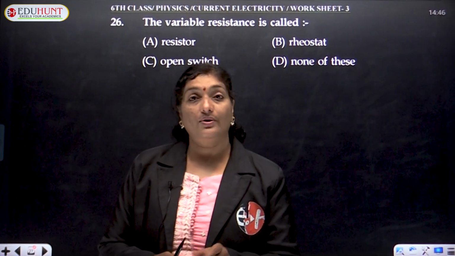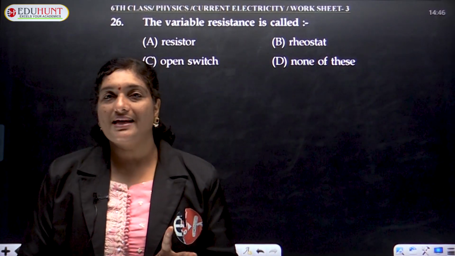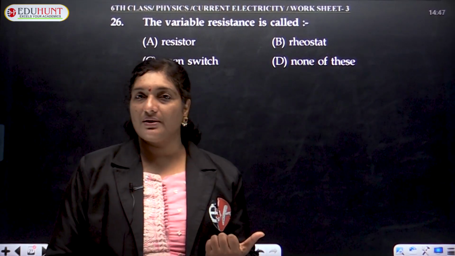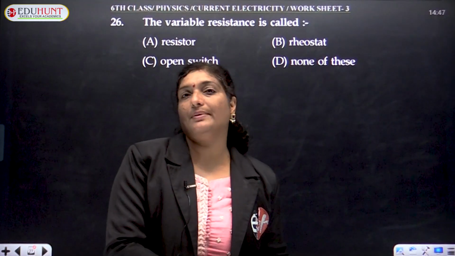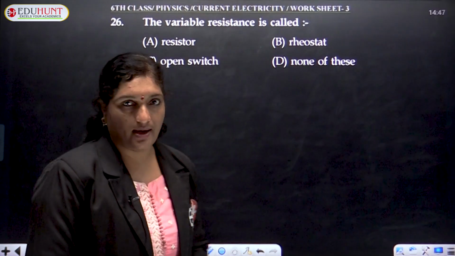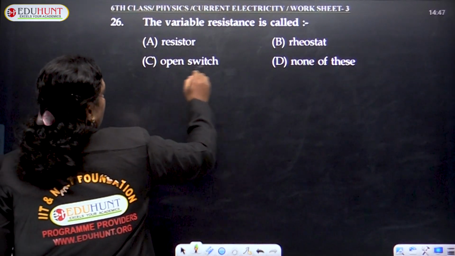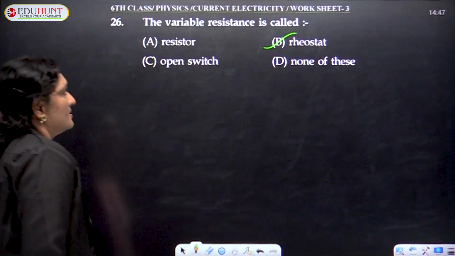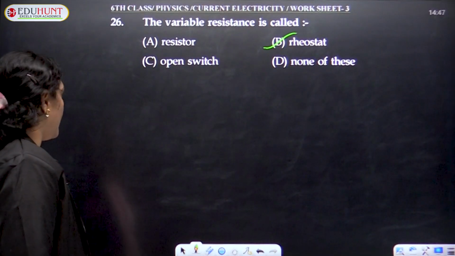That is called your rheostat. So rheostat itself has 2 names. One is the variable resistor, because the resistance can be changed, and another name is rheostat. Hence the correct option is rheostat.